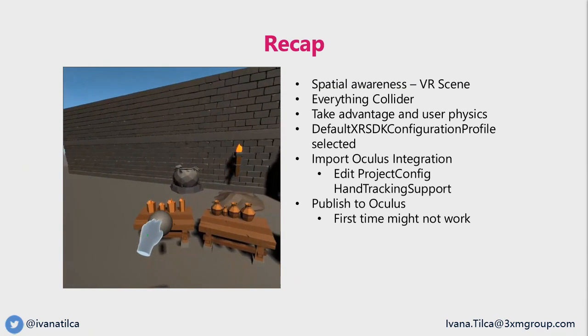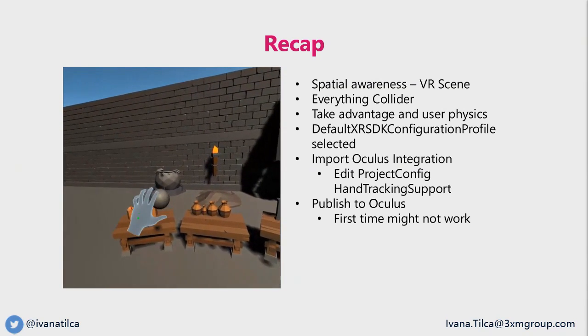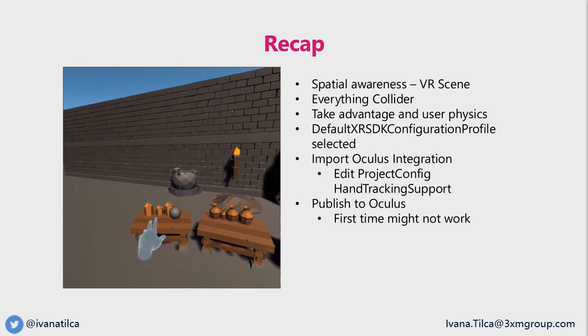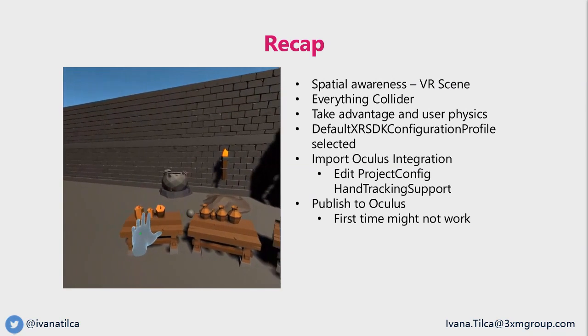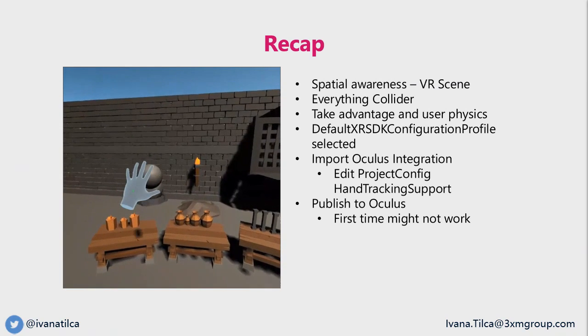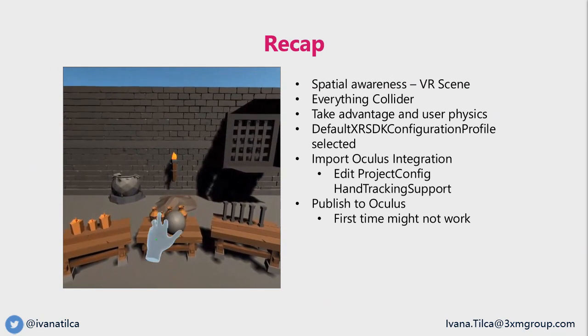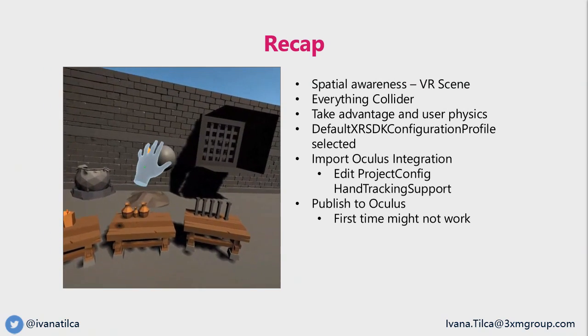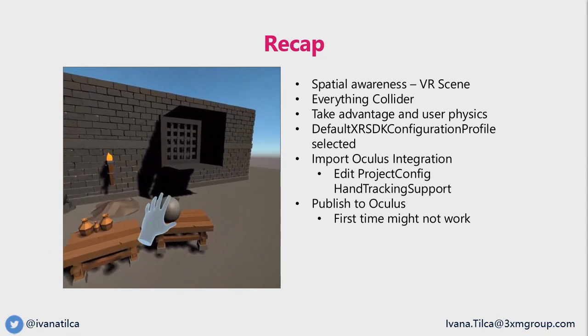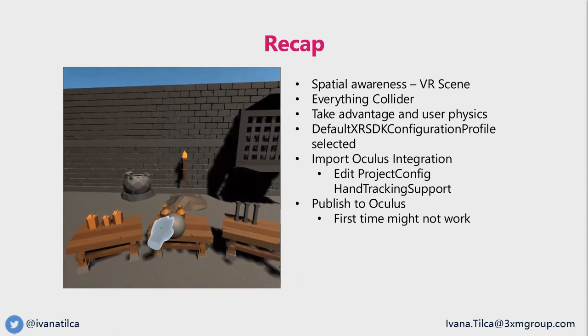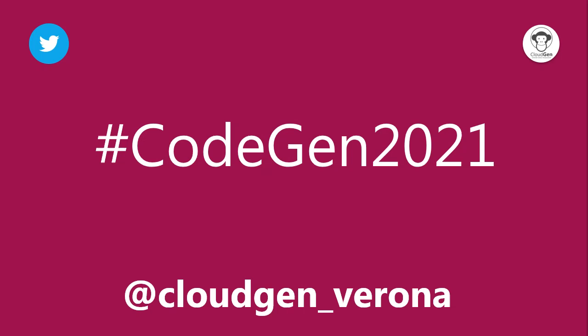And remember that we have imported the Oculus integration. We edited the project for hand tracking support. And when you publish this to Oculus, guys, the first time might not work. It used to happen, but yesterday when I coded this, it did work the first time. So don't worry about that. It's going to work exactly if you download it from my GitHub account. With that said, that's it for me.